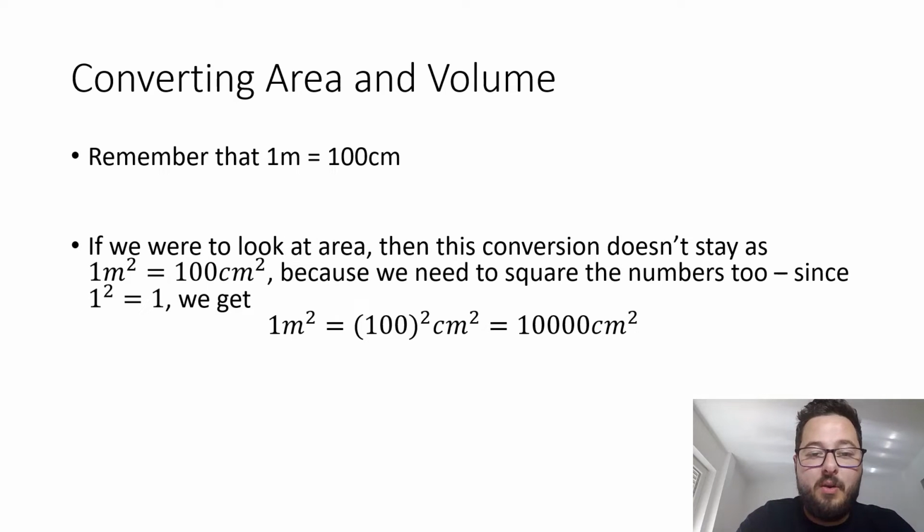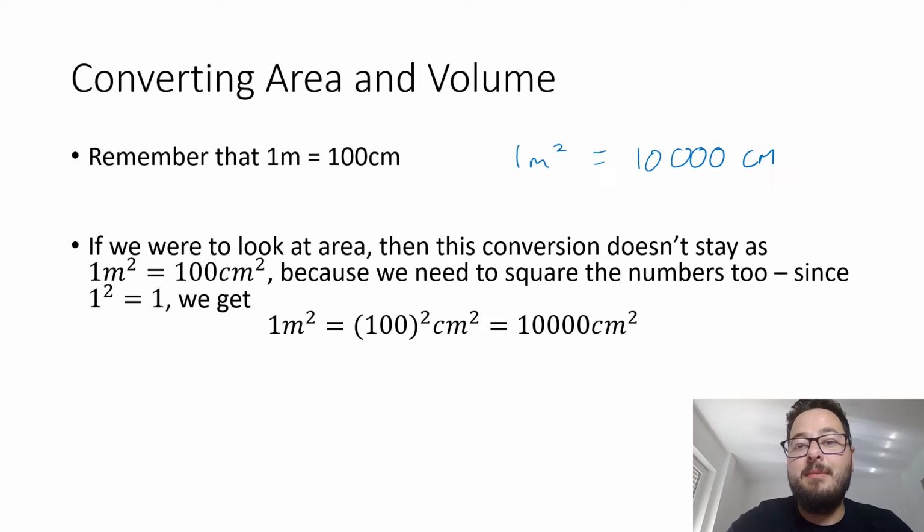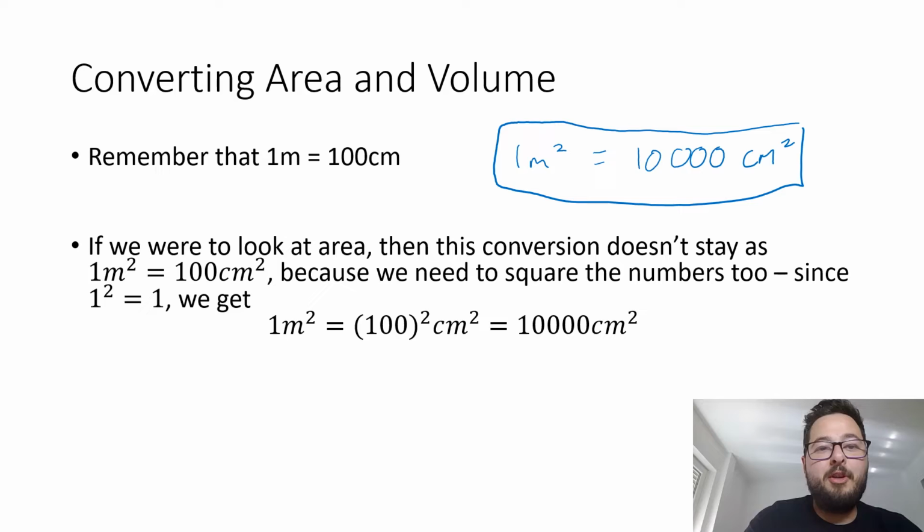So we're going to get that 1 metre squared is the same as 10,000 centimetres squared.